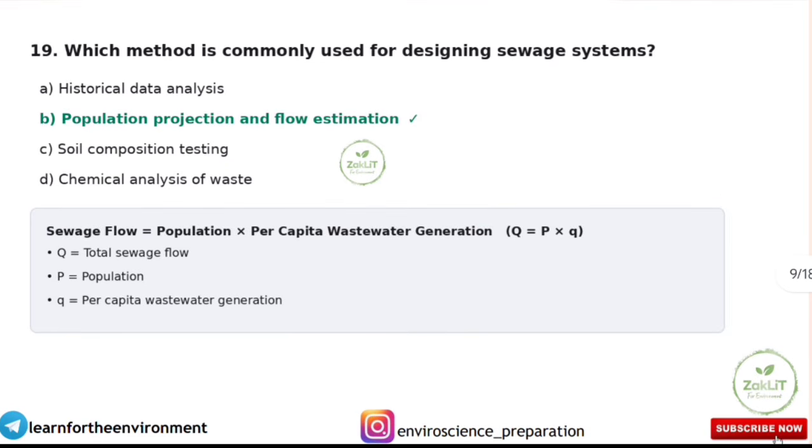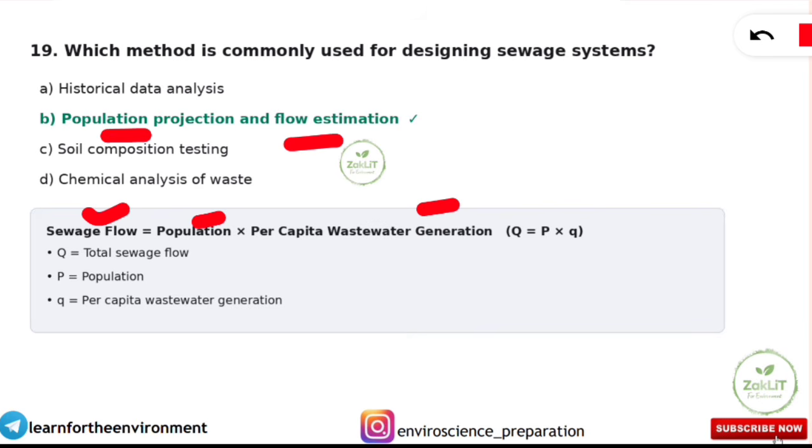Coming to the next question, which method is commonly used for designing sewage systems? Yes, population projection and flow estimation is the commonly used method for designing the sewage system. For example, sewage flow, this formula you should know, is equal to population multiplied by the per capita wastewater generation.